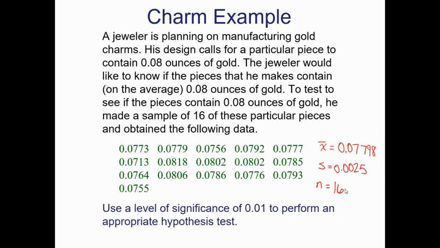Okay, so this jeweler wants 0.08 ounces of gold. So what should our null hypothesis be? The mean equals what? 0.08. And the alternative is that what? That it doesn't equal 0.08. And keep in mind here that mu is the true mean weight of gold.